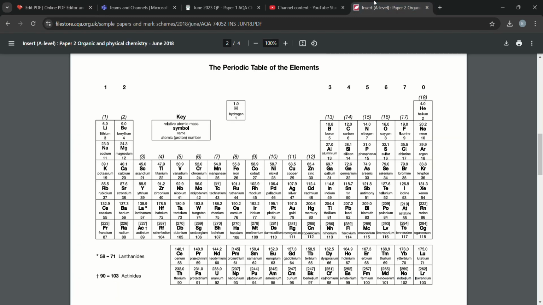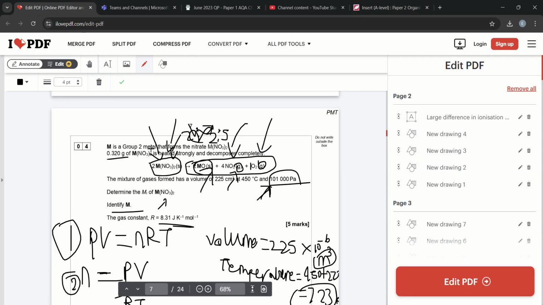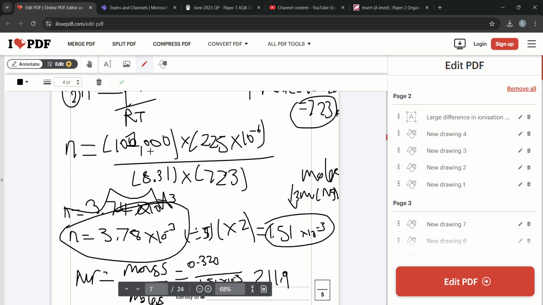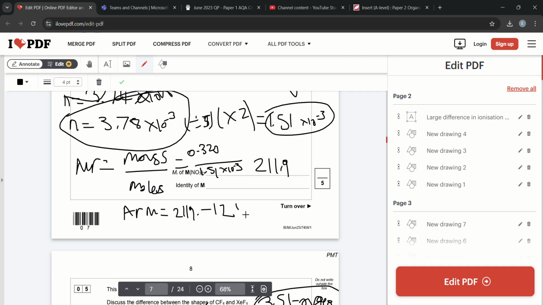Nitrogen is 14, so it's 14 plus 14 plus 16 plus 16 plus 16 plus 16 plus 16 plus 16, which is 124.0. 211.9 minus 124.0 gives me 87.9, and that is the Ar of M.